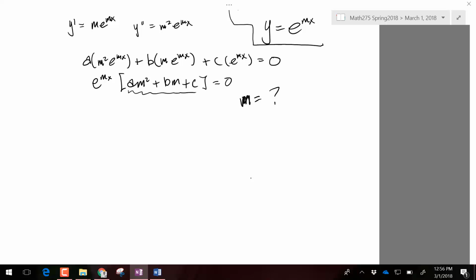If the thing inside of the square root is 0, you're going to have 1 real solution with multiplicity 2. And if the thing under the square root is negative, you're going to have complex solutions. Okay, so 3 cases.